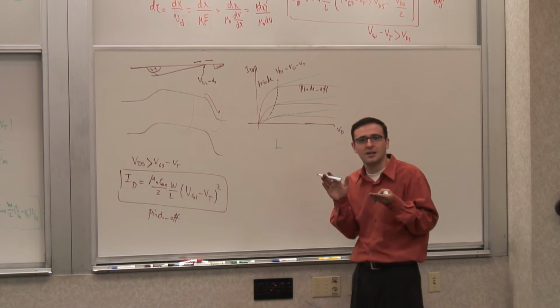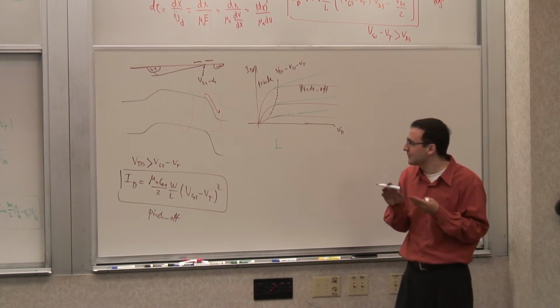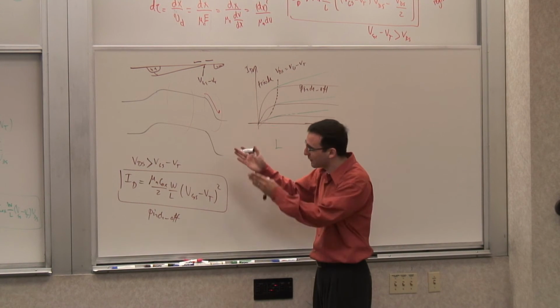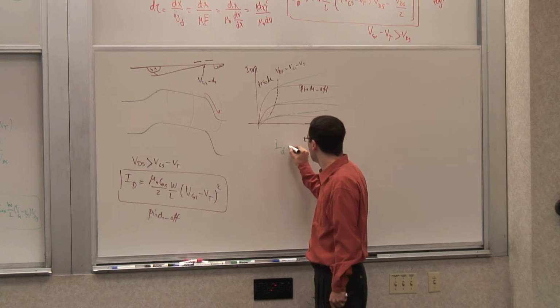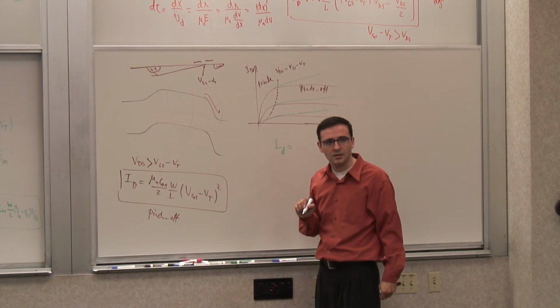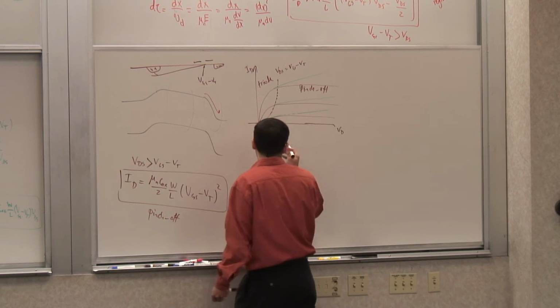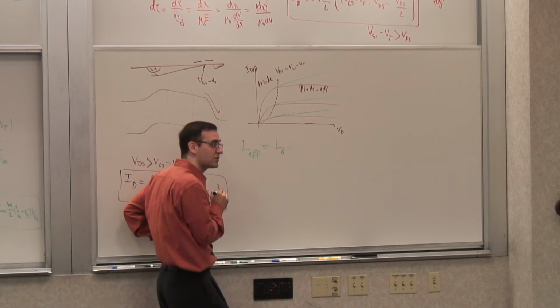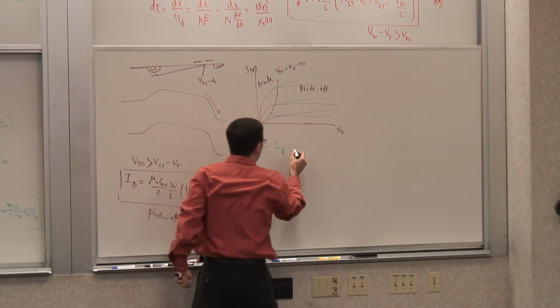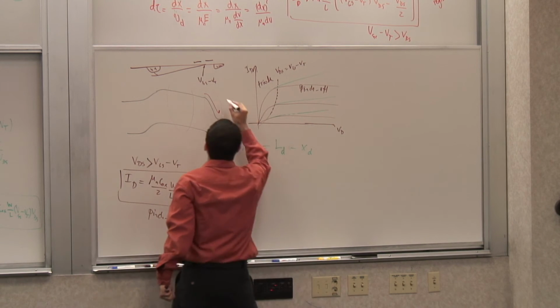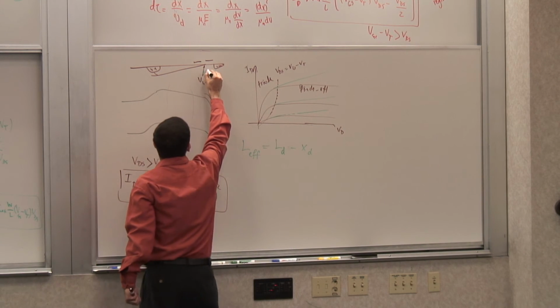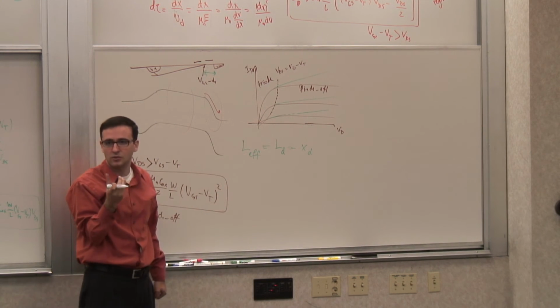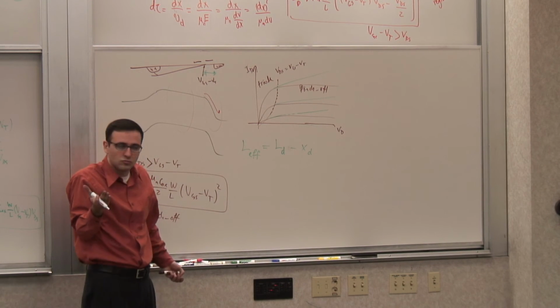And so the drawn L is kind of the physical L. But then the effective channel length, this length, is going to be L drawn minus XD, the width of this depletion region, the part that's depleted of charges.